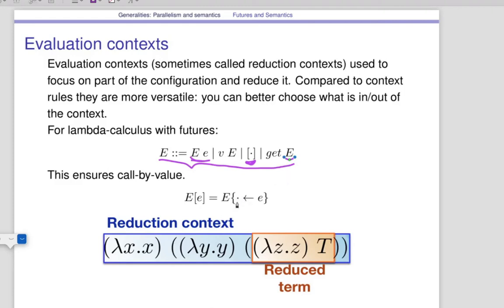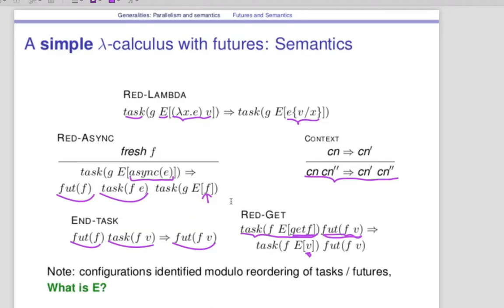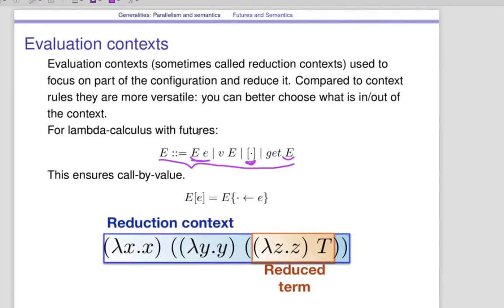And how do I use it? It's very simple. If you look at the semantic rules, you have something like E of the application here. And you just put E bracket something, and this just means E where the dot is replaced by the small expression e.